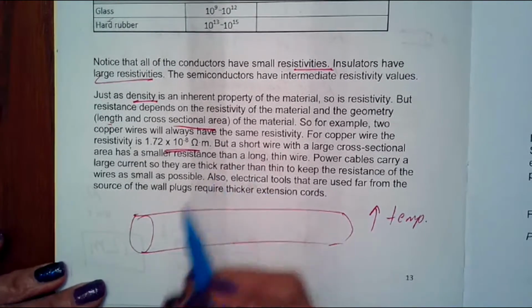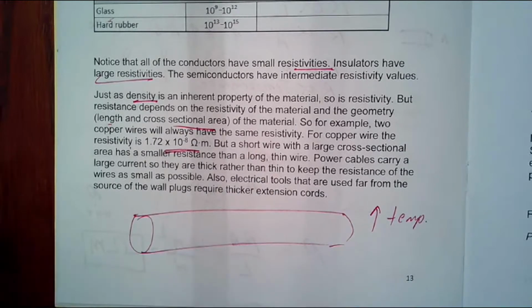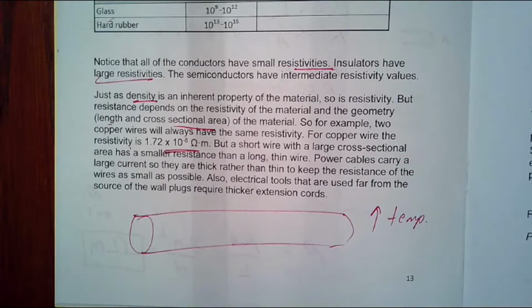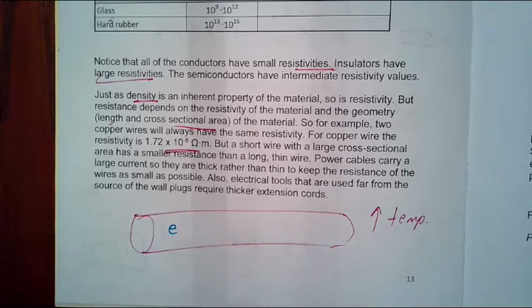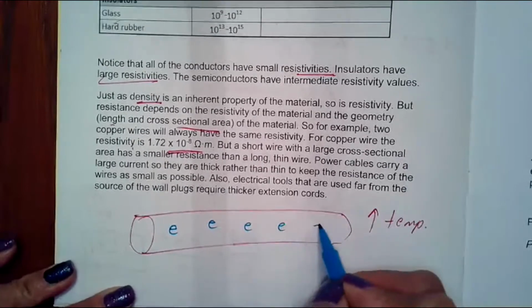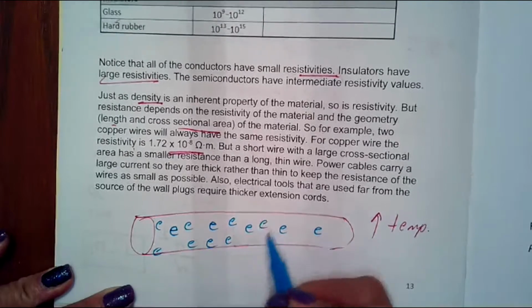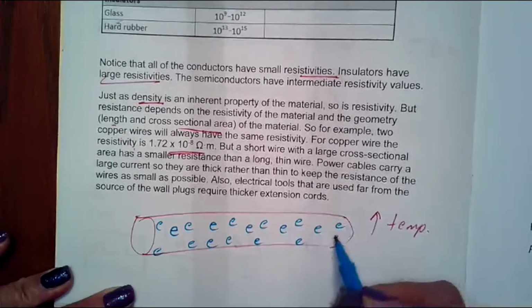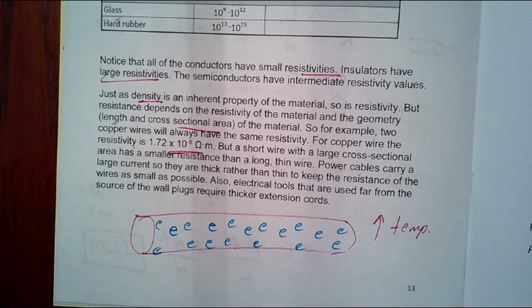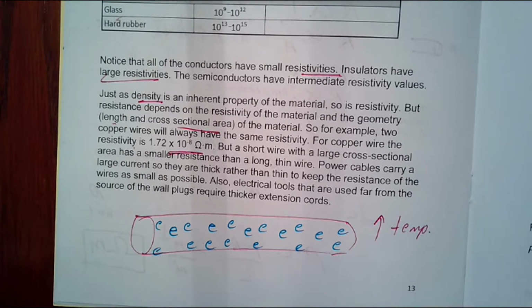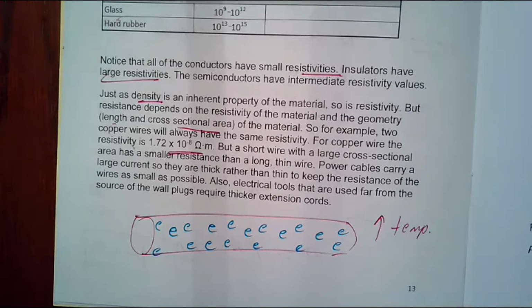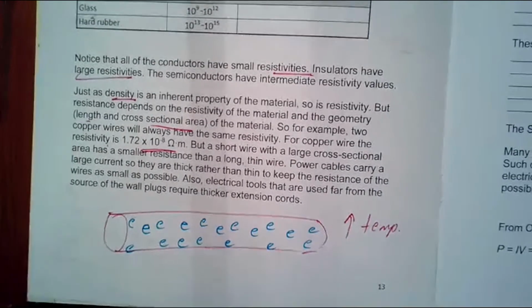Because we're looking at resistance, which has to do with the flow of electrons, which is called charge, which will then create a current, I'm going to just look at electrons. Atoms are made up of subatomic particles: protons, neutrons, and electrons. But when we talk about current, we only concern ourselves with the electrons because it's the flow of electrons that creates the current flow.